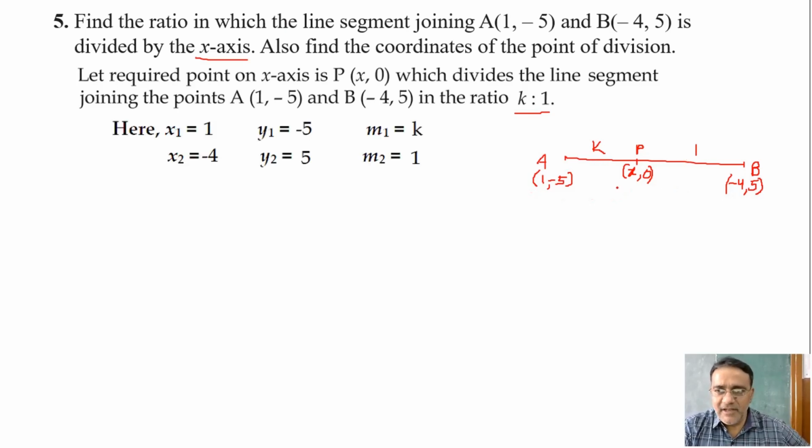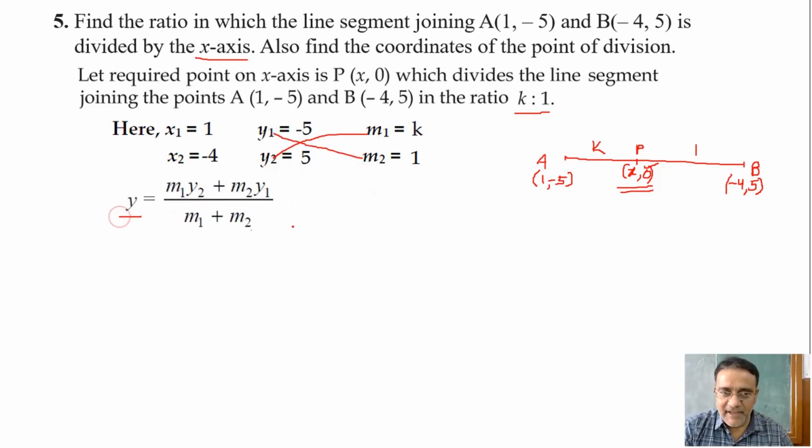Right. Now which value is known to you? Which value is known to you? Y coordinate 0 है. Okay. So we'll write the formula for y. m1 y2 plus m2 y1 upon m1 plus m2.